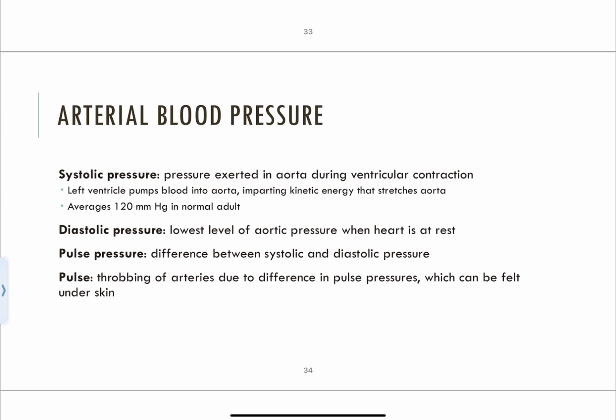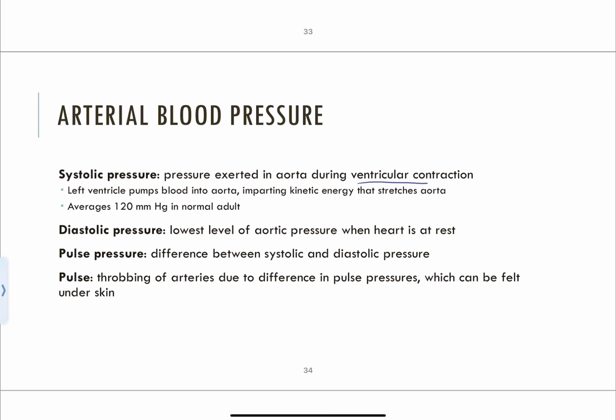So just like we talked about systole and diastole, we also can talk about the blood pressures that are associated with these two phases. So systole, we're talking about ventricular contraction, and diastole was ventricular relaxation. So when we're talking about the systolic pressure, we're talking about the pressure exerted in the aorta during ventricular contraction.